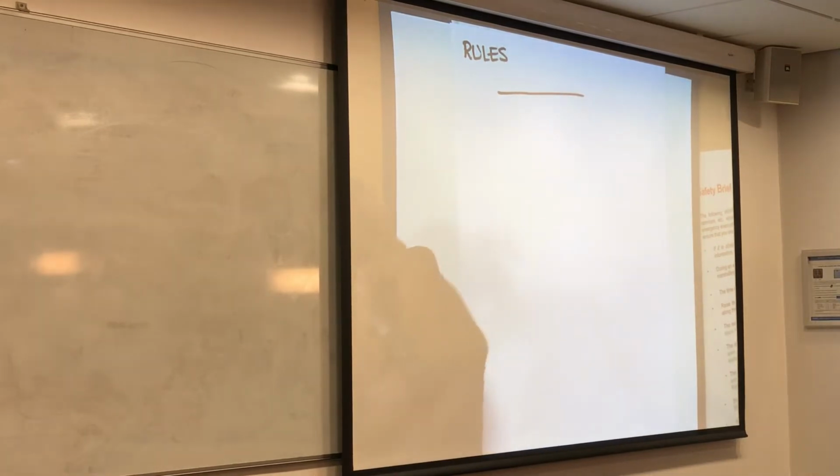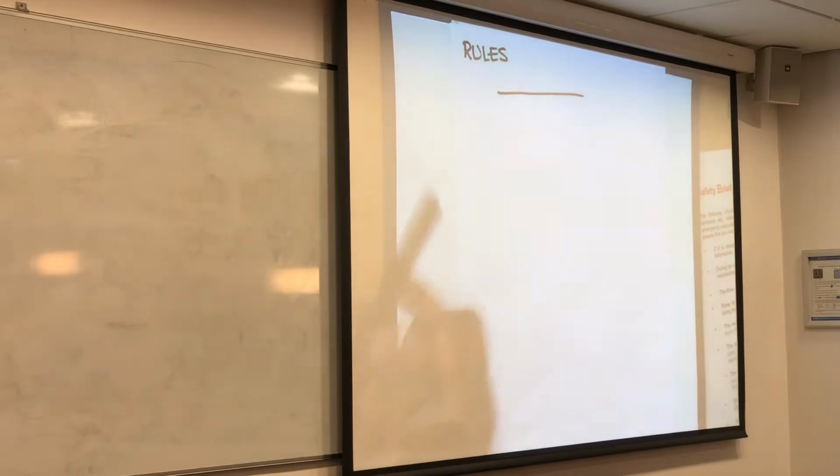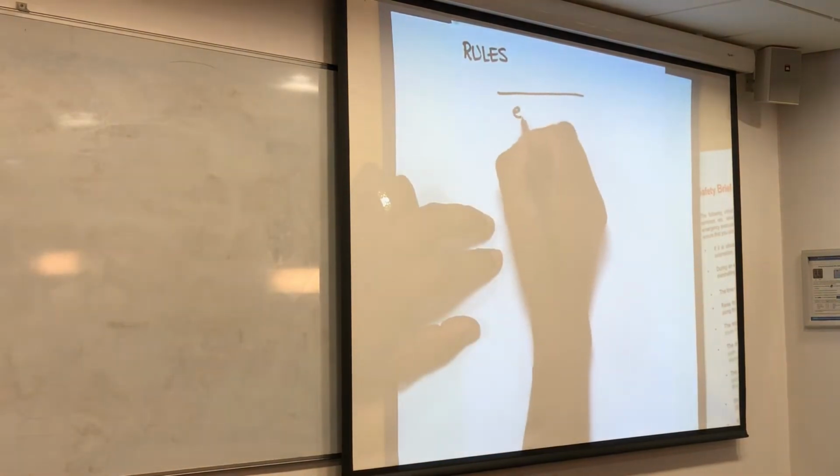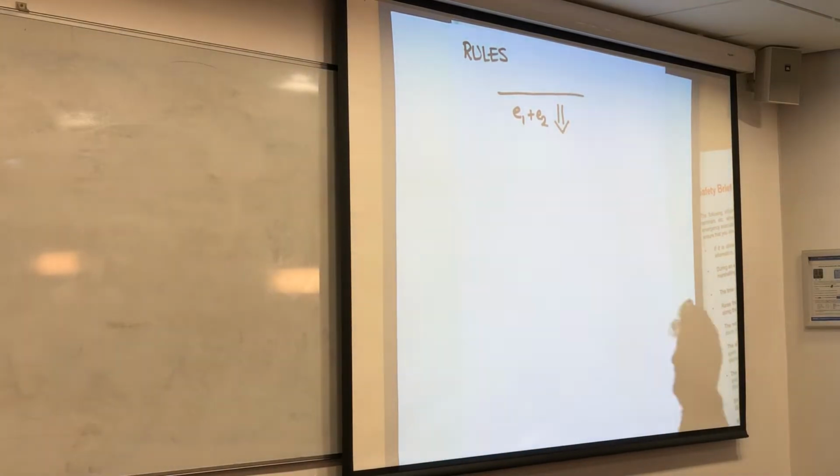So for example, let's do the rule for addition. One of the production rules says an integer expression is an integer expression followed by a plus, followed by an integer expression. So I need to tell you, what does that evaluate to?